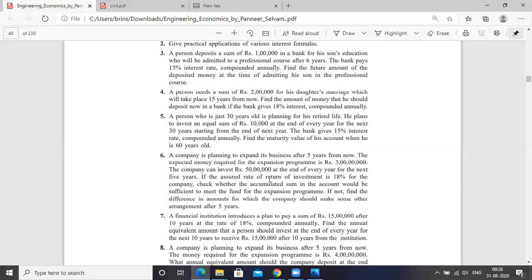If the assured rate of return on investment is 18% for the company, check whether the accumulated sum in the account would be sufficient to meet the fund for the expansion program. If not, find the difference in amount, for which the company should make some other arrangements after 5 years.